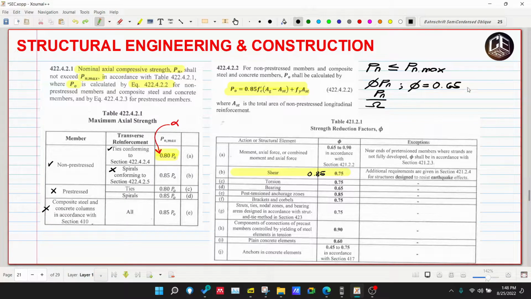Okay, so ngayon, since ang ating Pn should be less than or equivalent to Pn max, therefore, ang ating Pn is equivalent to Pn max.